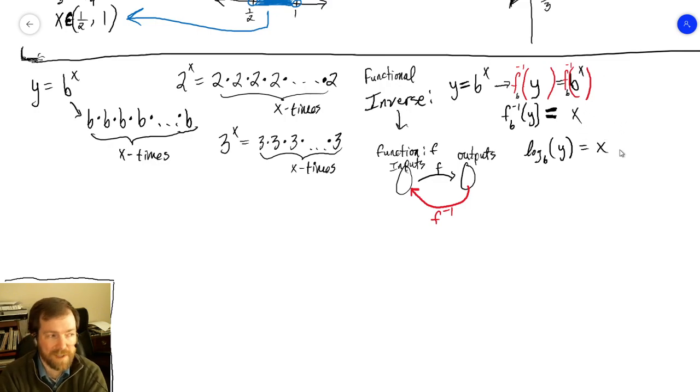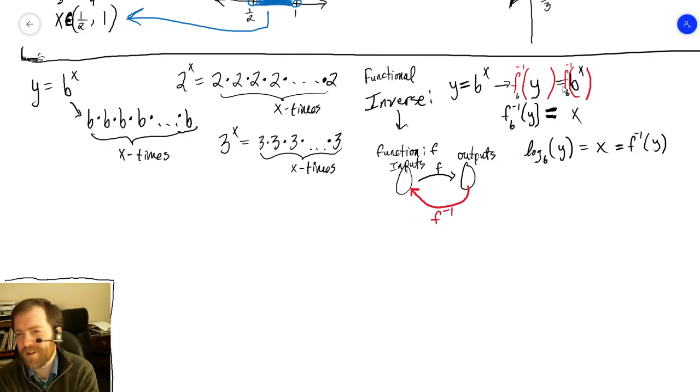Many of my students hate this next part. x is now a function of y, so we'll call it g. Or we could leave it as the functional inverse of y, because it's already that. All right, functional inverse base b of y.